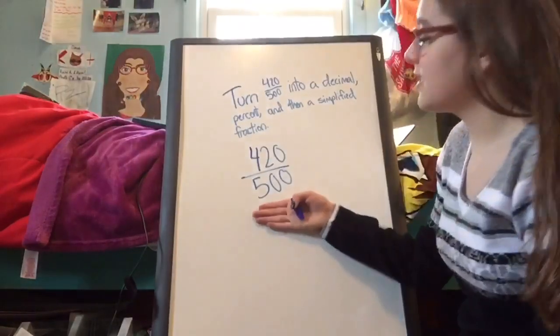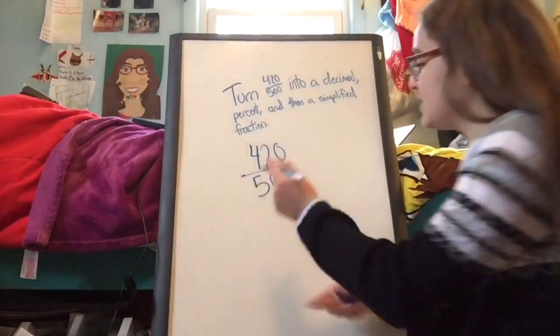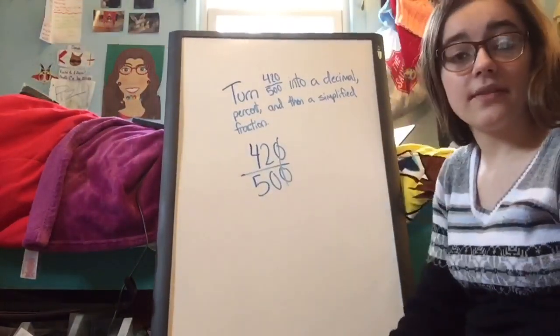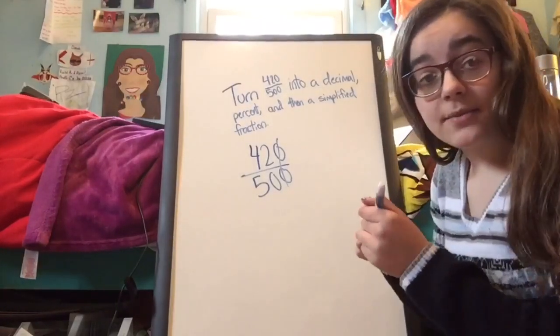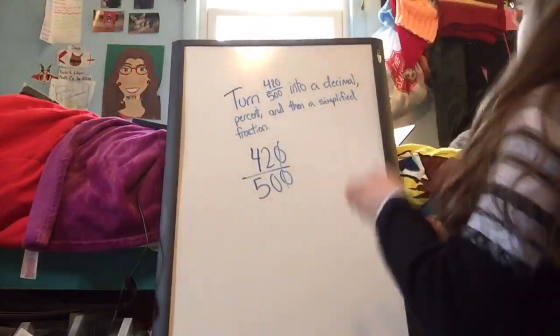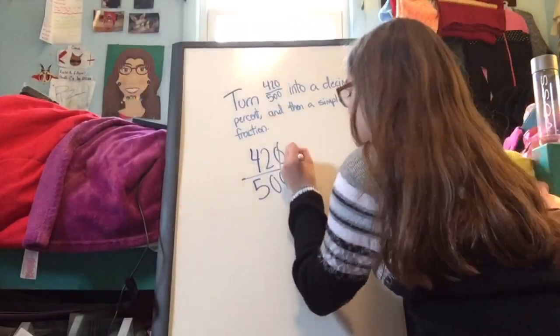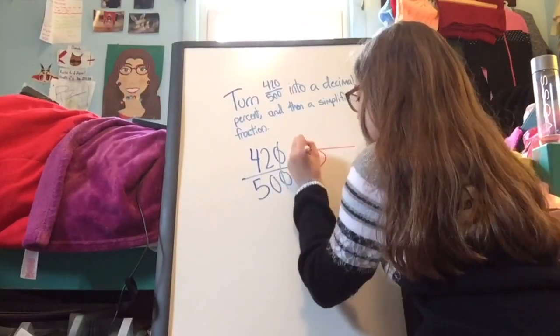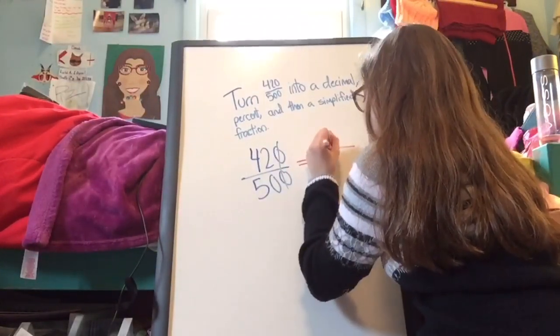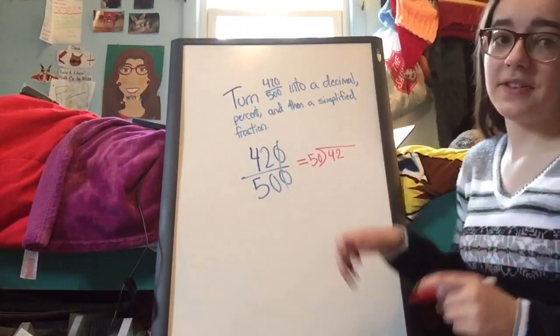However, I see I can just take these 2 zeros off, and it will be the exact same fraction as before. Now, we just have to do 42 divided by 50.